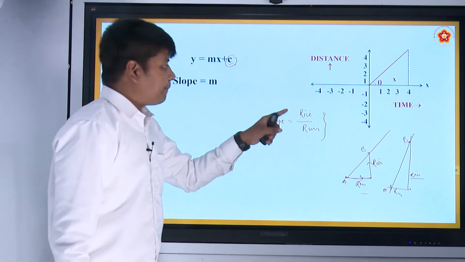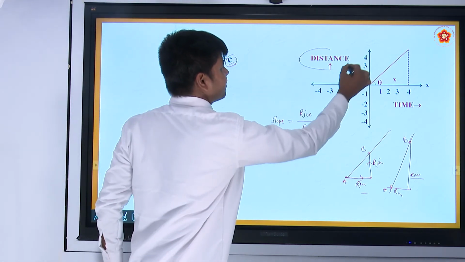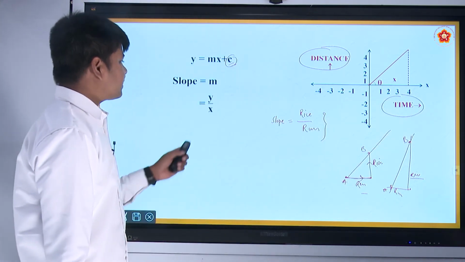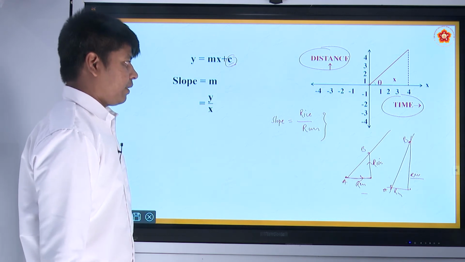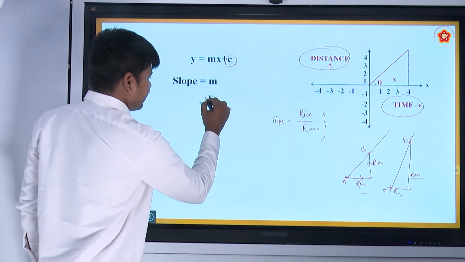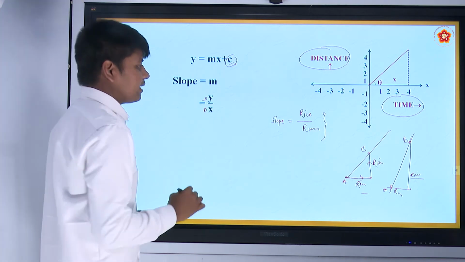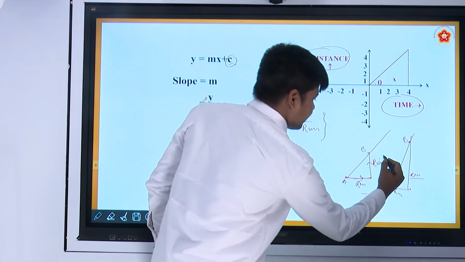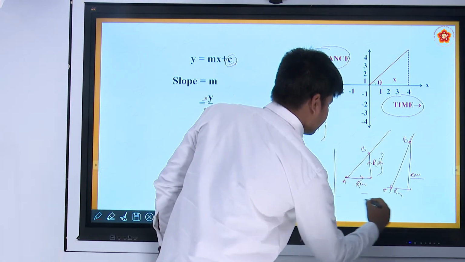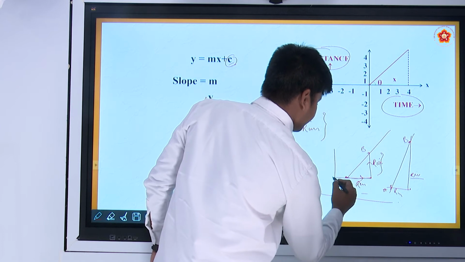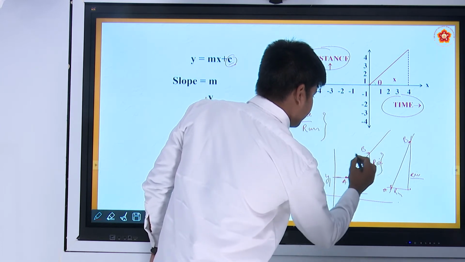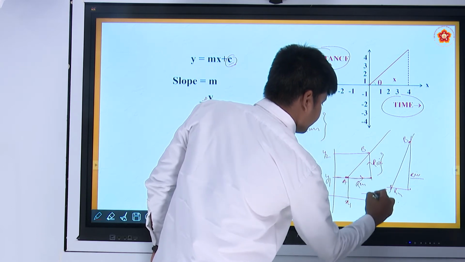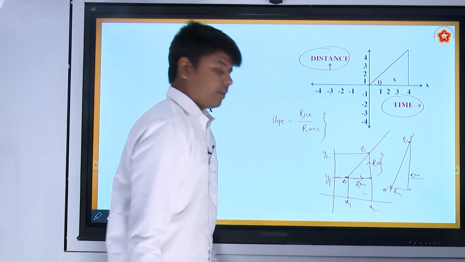Now let us compare this to the distance and time graph. So what does it give? The slope gives y by x. Actually, to be precise, it should be delta y by delta x. Delta is nothing but the difference in y. This is the rise, right? If you have the coordinate axis like this, it started from some point y1, ended at some point y2, started at some point x1, ended at point x2, right?